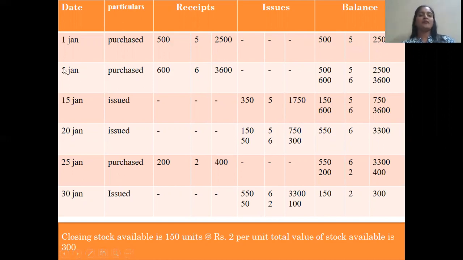Again on 5th, we have purchased 600 units at the rate of rupees 6, amounted to 3,600. Immediately after the purchase, we need to go for the balancing.